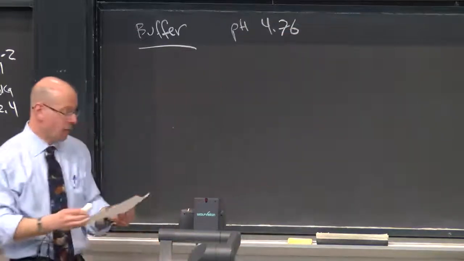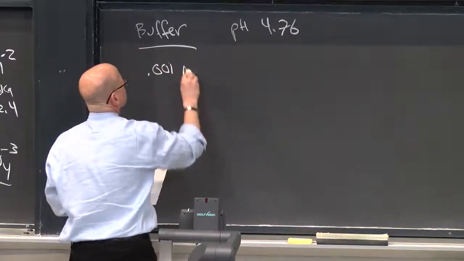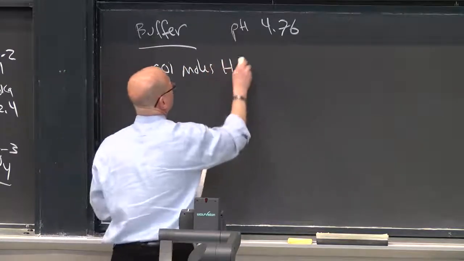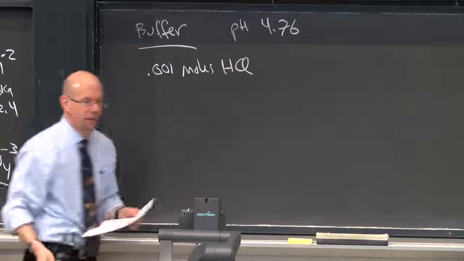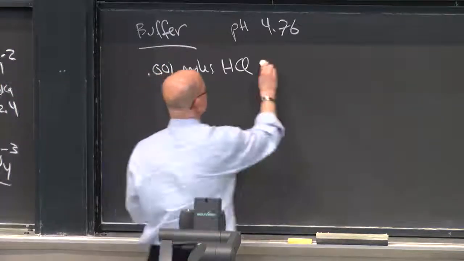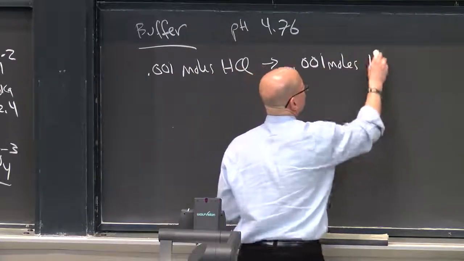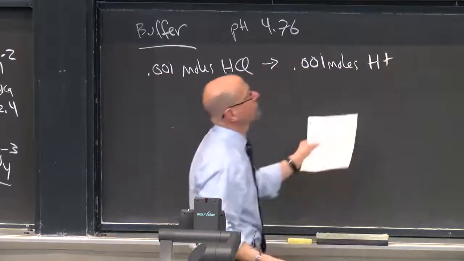Now, what happens after we add 0.001 moles of hydrochloric acid? Well, of course, it completely dissociates. It's a strong acid, right? And so what's going to happen? This is going to give rise to 0.001 moles of protons. And what are those protons going to do?